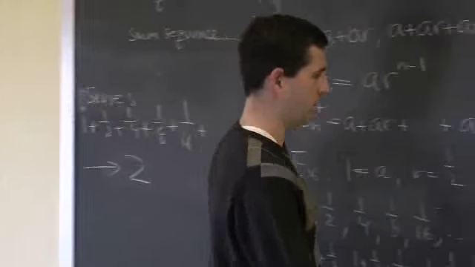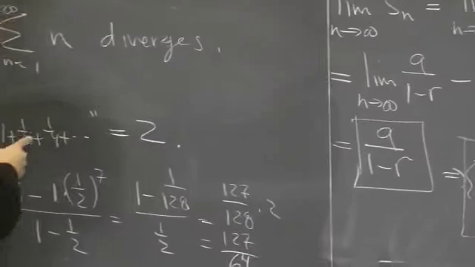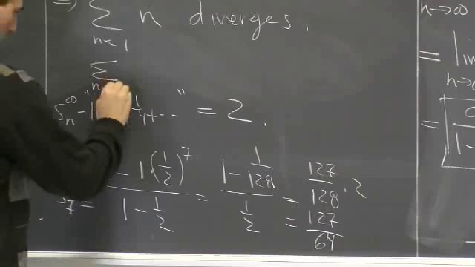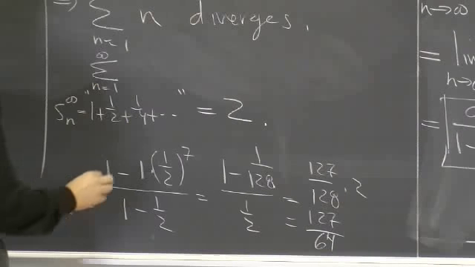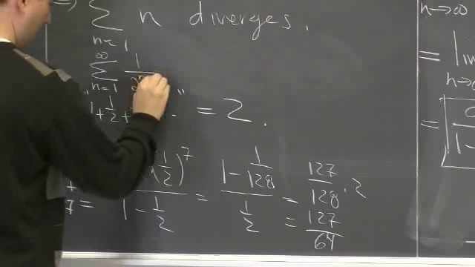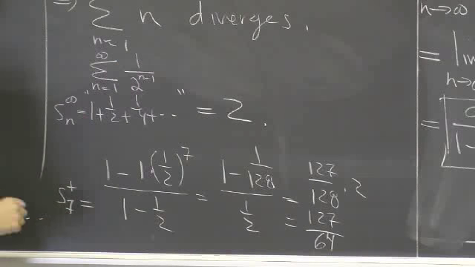Okay, or if we put it a different way, instead of using these dots, the sum from n equals 1 to infinity, well, we have to write it like this: 1 over 2 to the n minus 1. This equals 2.